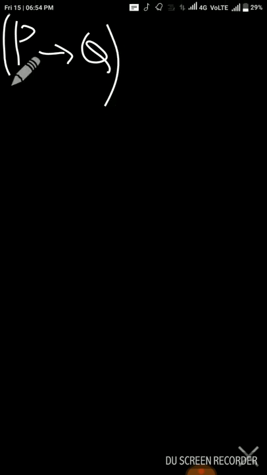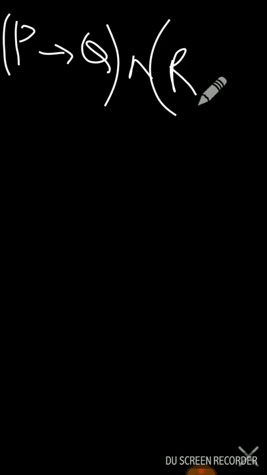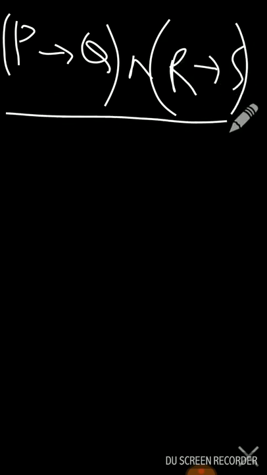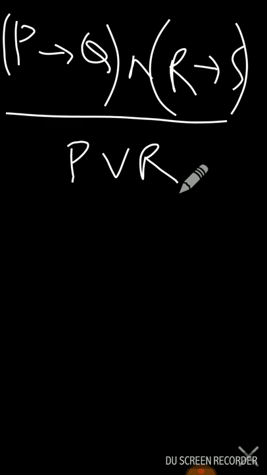Now suppose you want to prove something in resolution. Suppose we have two premises: P implies Q and R implies S. This is the first statement, and the second statement is P or R. So you just note them down somewhere.